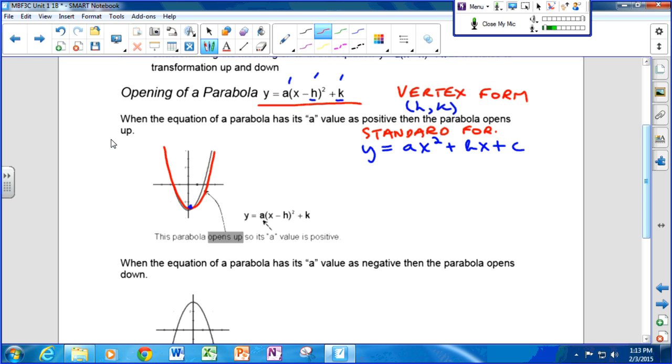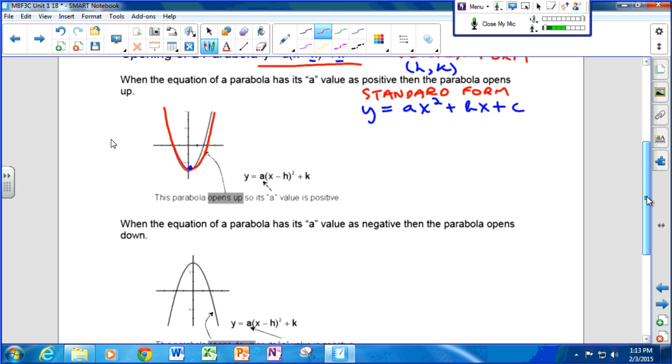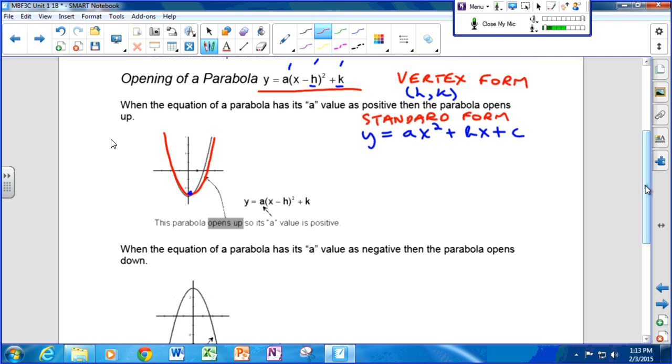I think what you'll find if you've worked with standard form before is that it can be a little awkward to figure certain things out about it. Vertex form makes it really easy to find certain things out about the parabola, such as the vertex, because it's given right in the equation.